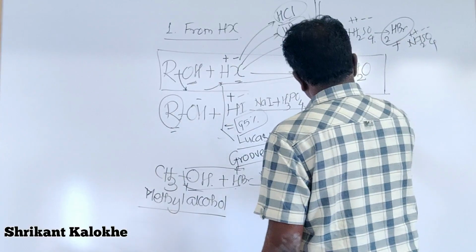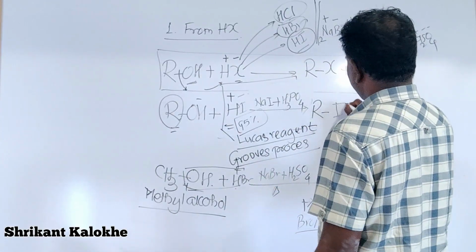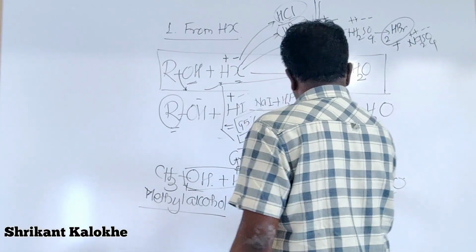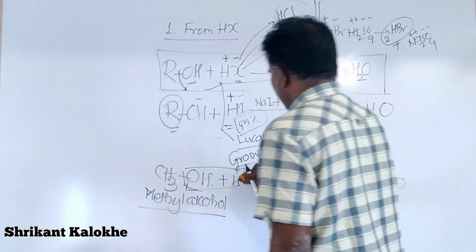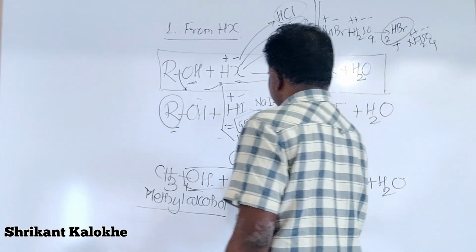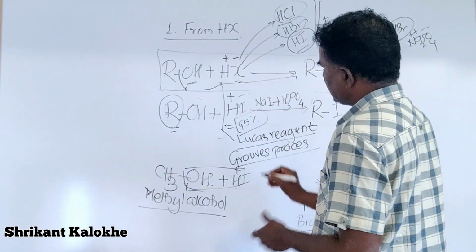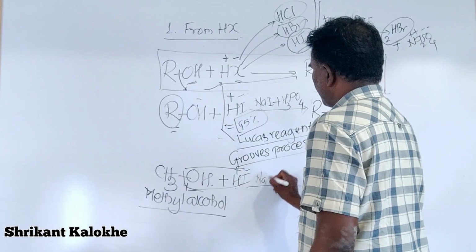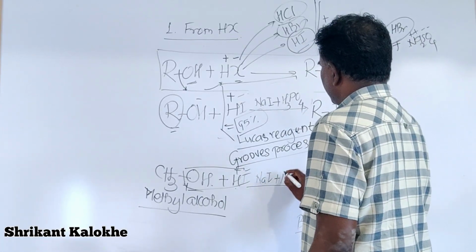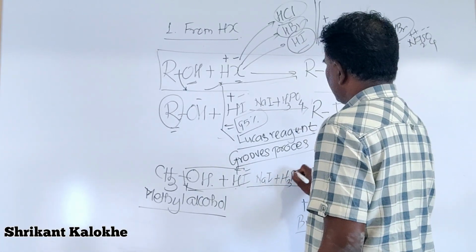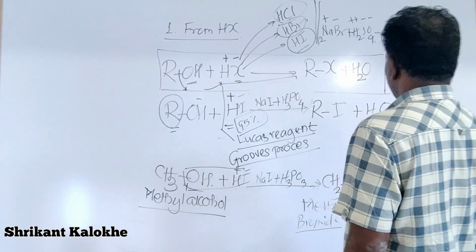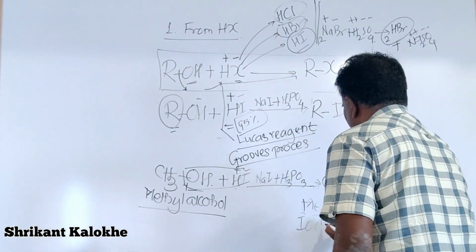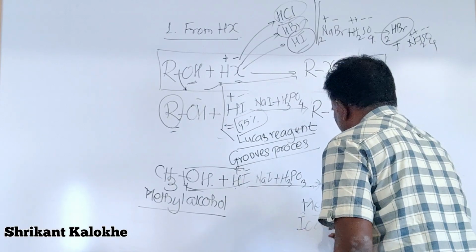Now we will replace this Br with I, and replace the reagents used in the previous reaction. Now this would be H plus I minus, and this HI will come from NaI plus H3PO4. In this way you will get iodide. This is iodomethane, or methyl iodide.